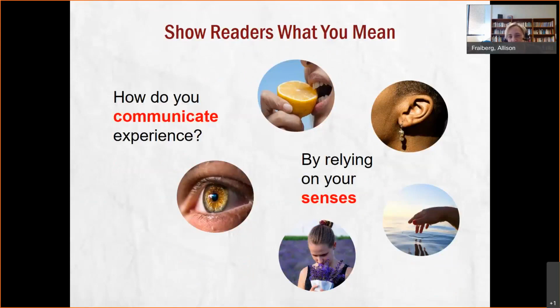How do you communicate experience? You rely on your senses. You rely on your sense of taste, hearing, touch, smell, sight. You rely on senses.